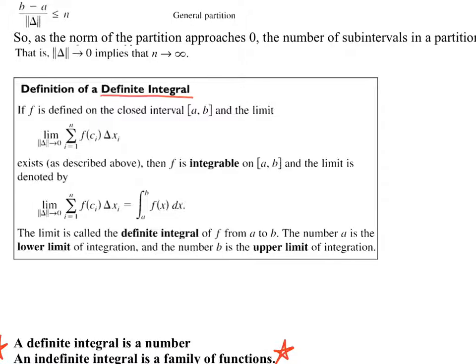It's the integral from a to b of f of x dx. That's how you would read that. The number a is the lower limit of integration. The number b is the upper limit of integration. They're the two ends of the interval that we want to work with.